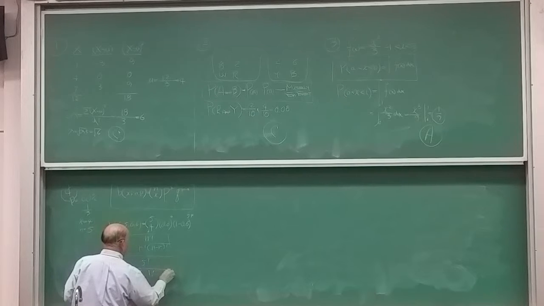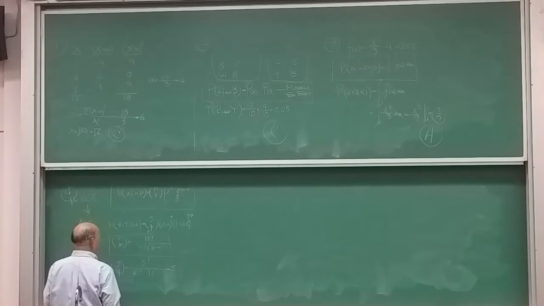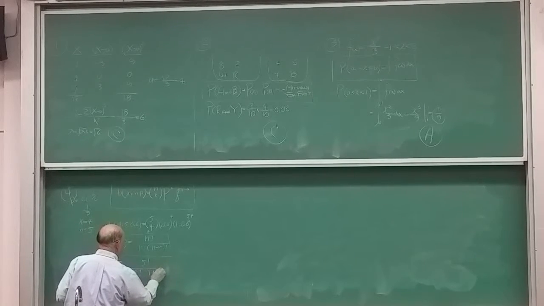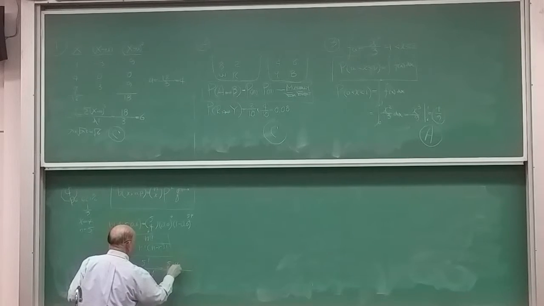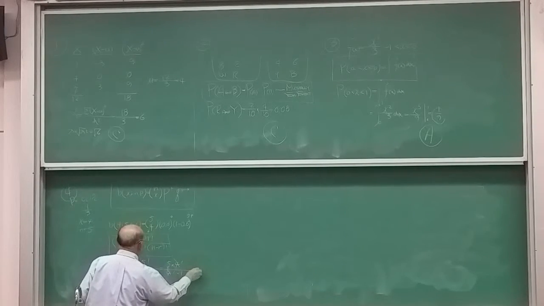That's 5 times 4 factorial over 4 factorial, 1 factorial, this one drops out, and the answer is 5.